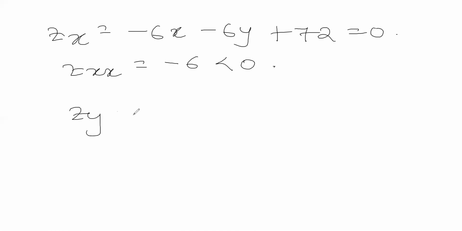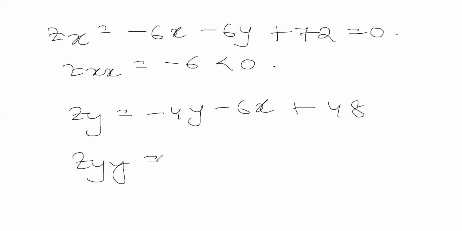Z of y is minus 4y minus 6x plus 48. And if we take z of yy, we get a negative 4, which is less than 0. So both the signs are less than 0, indicating towards a relative maximum point. However, need to check the third condition.